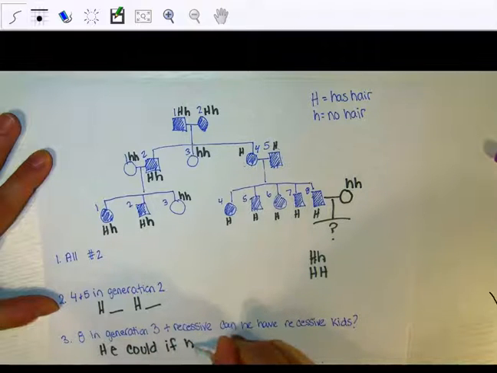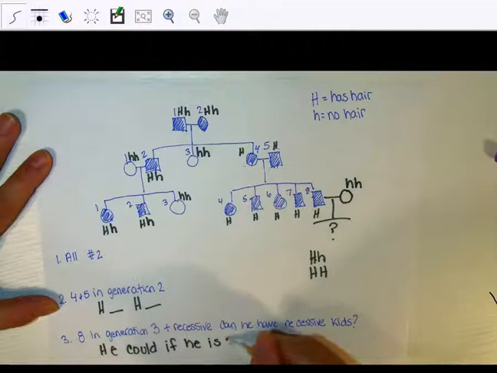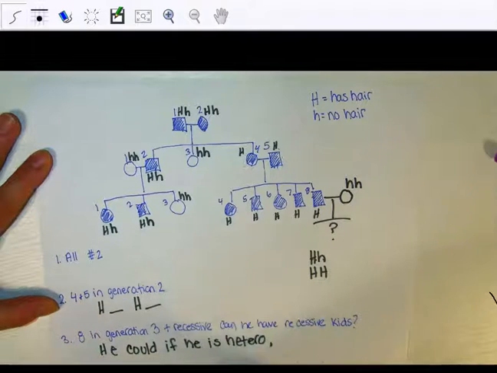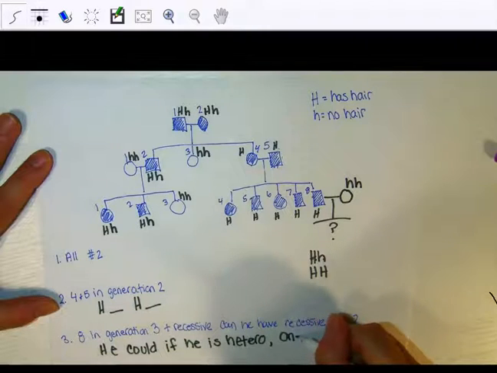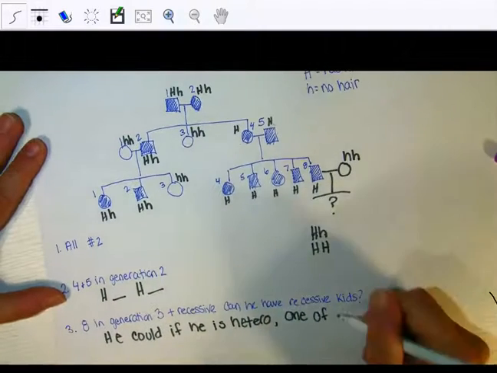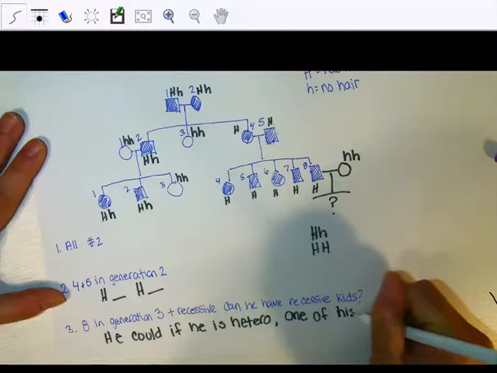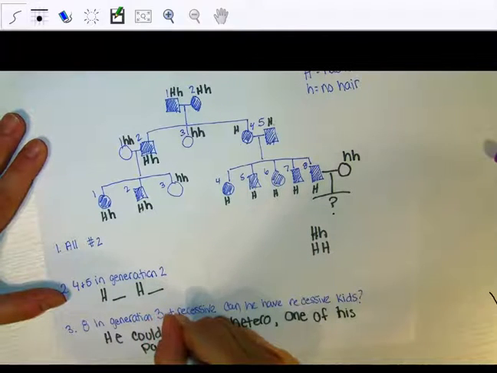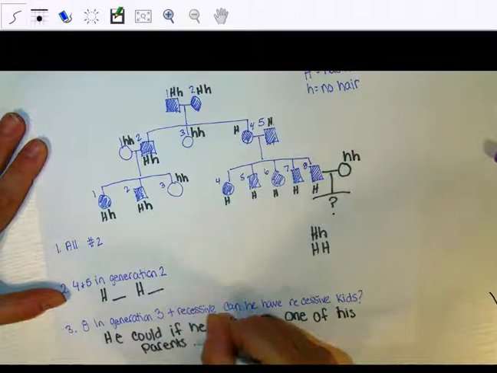So he could, if he is heterozygous, which would mean at least one, it could be both, one of his parents would have to be heterozygous.